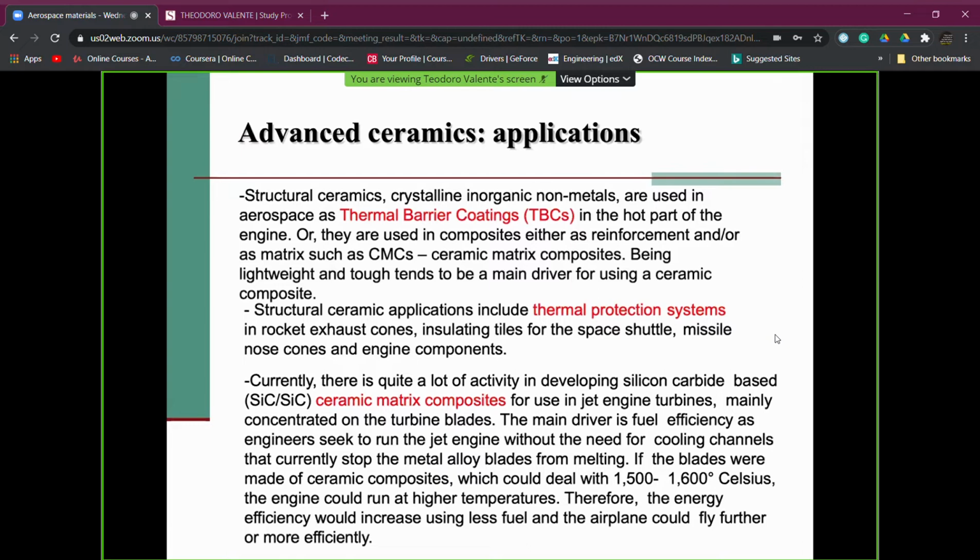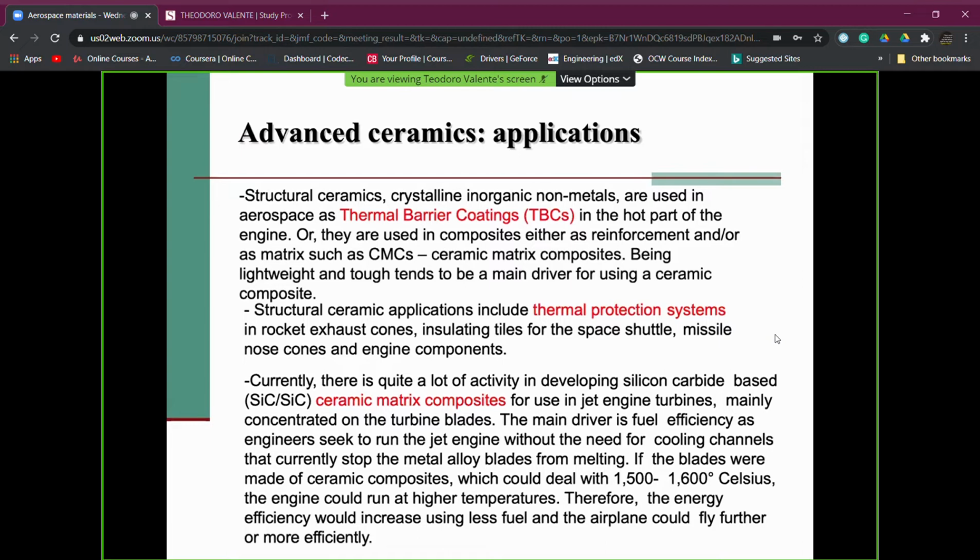We remember that one of the most important items to be satisfied is fuel efficiency, since we would like to let the engine work at the highest possible temperature without melting, for example, the blades, or reducing the requirements of intercooling, so that the working temperature is suitable for the material selected.